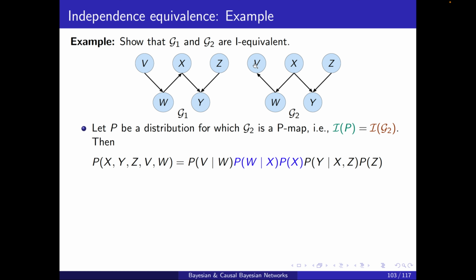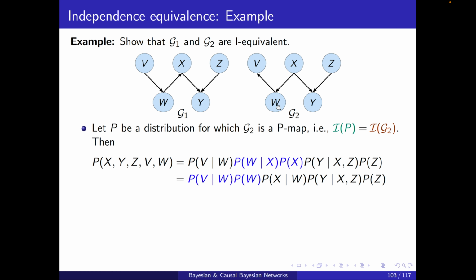It's P of V conditioned on W, P of W conditioned on X, P of X, which has no parents, P of Y conditioned on both X and Z, and then finally P of Z, based on the factorization of Bayesian networks. Now these blue ones, I can use the Bayes rule and switch. So I can write this part as P of W times P of X conditioned on W.